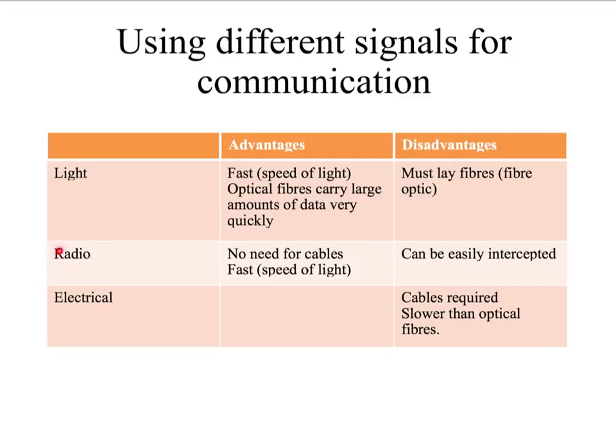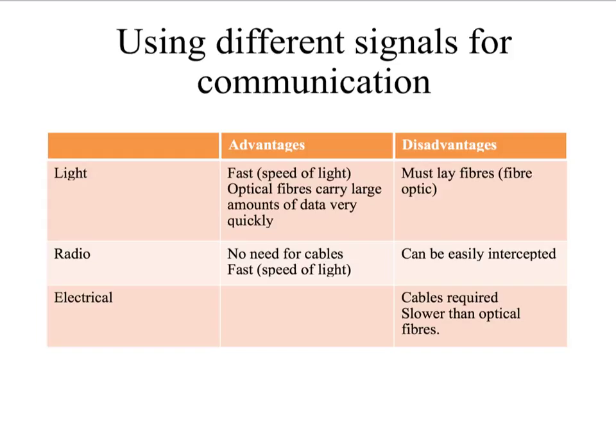Radio waves, so this is what is used for TV and radio and to a degree mobile phones as well. And electrical signals, this is used if you have broadband internet through your home phone, so BT broadband, and it's also what's used in your landline if you have a landline at home.